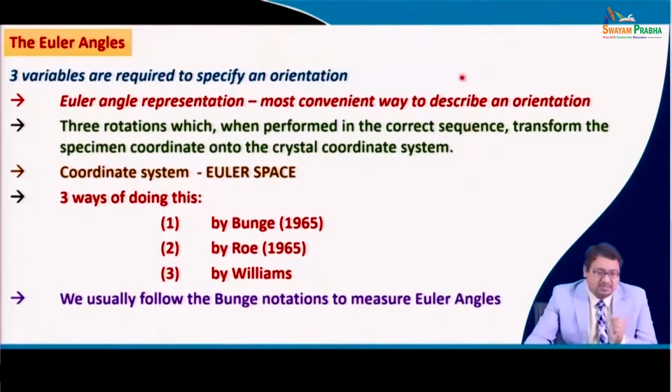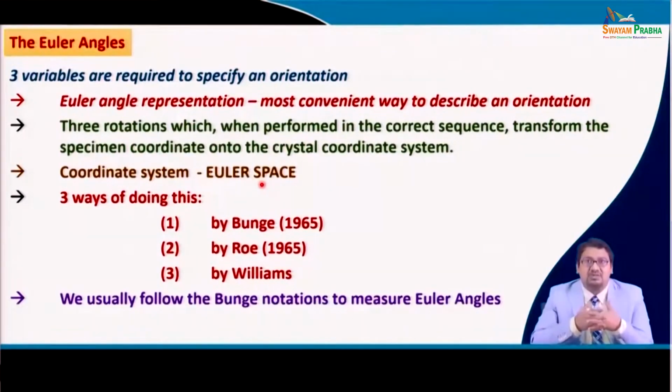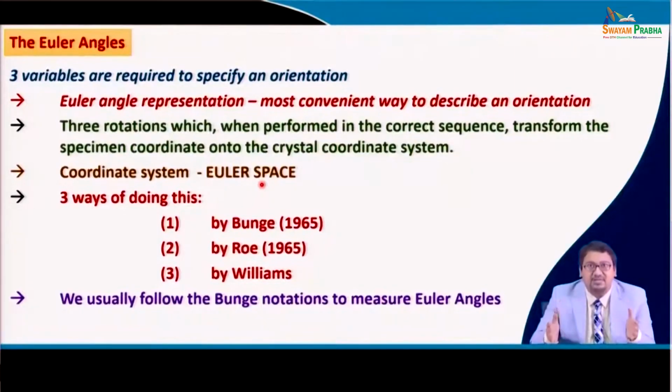So, if you see phi 1, phi, phi 2, these are 3 angles. These angles can be used to form an angular coordinate system, and a space can develop, and this space is known as Euler space.